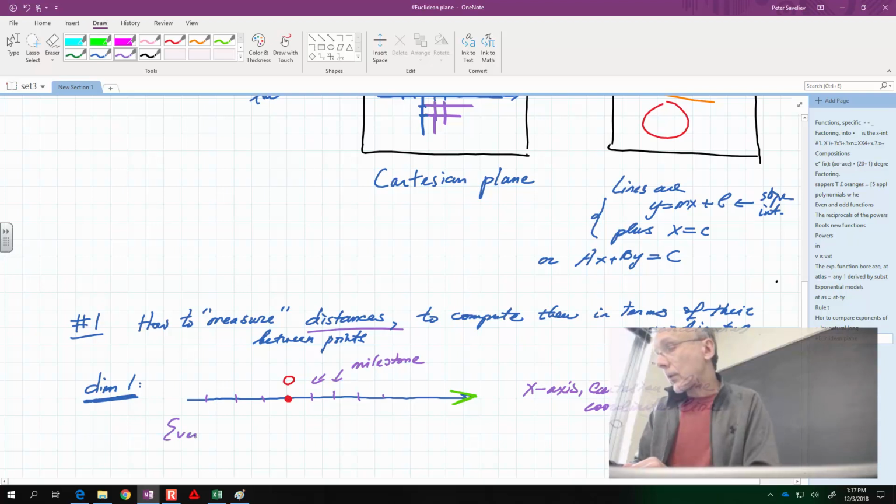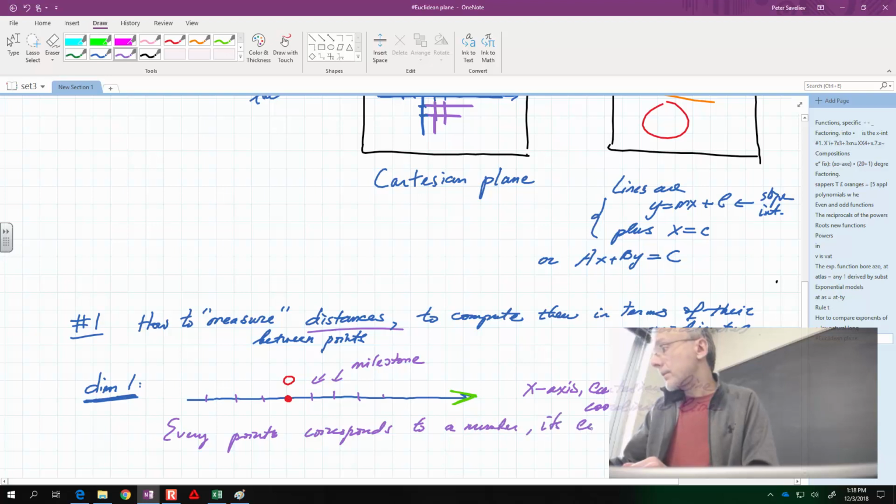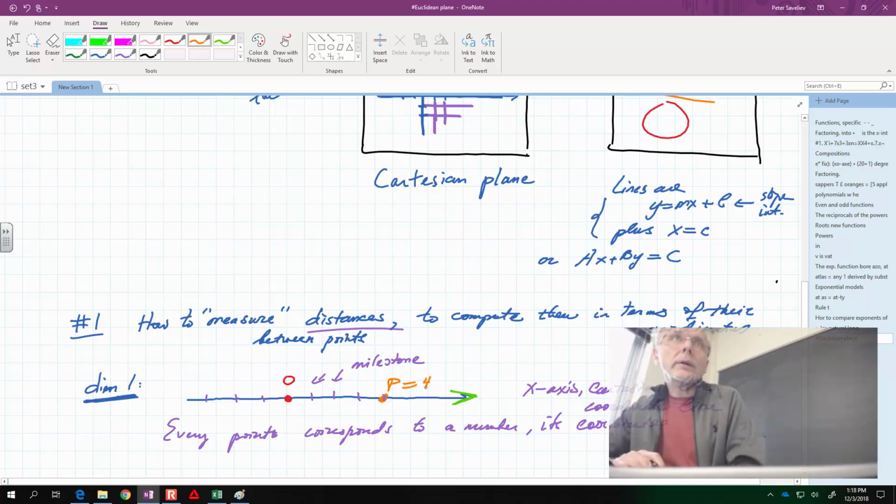So first of all, every point corresponds to a number, its coordinate. So for example, this point over here is, say, P as a point, as a dot on the line, but it's also 4, its coordinate. Okay?